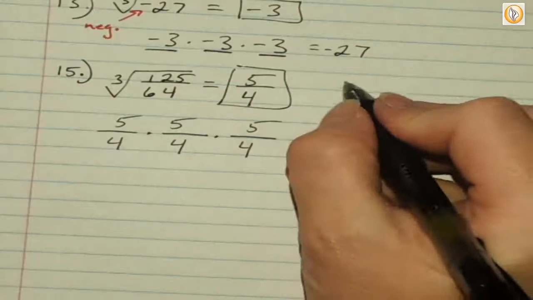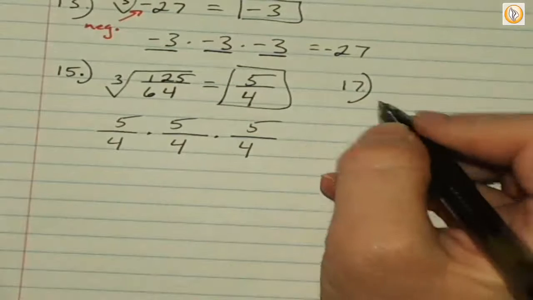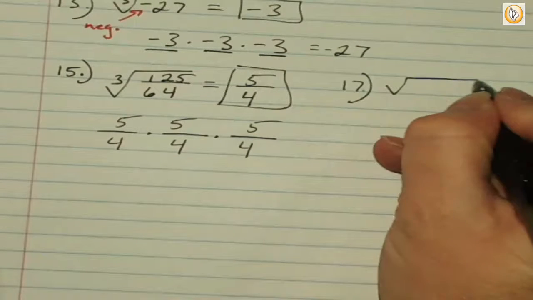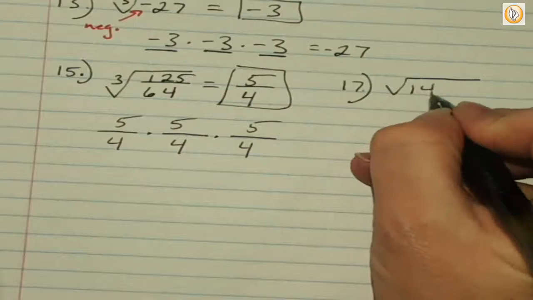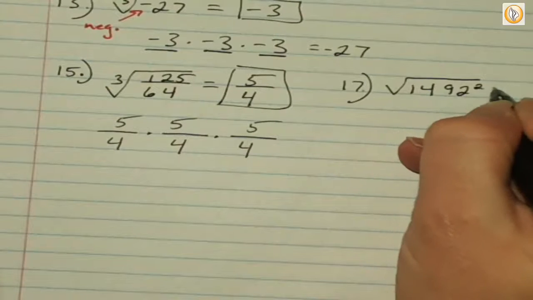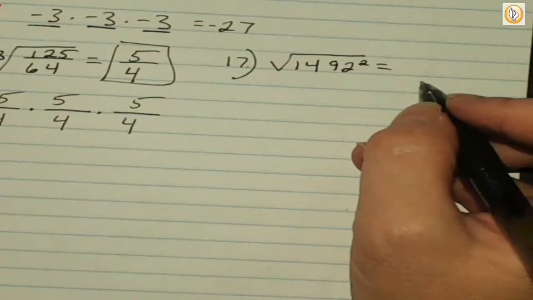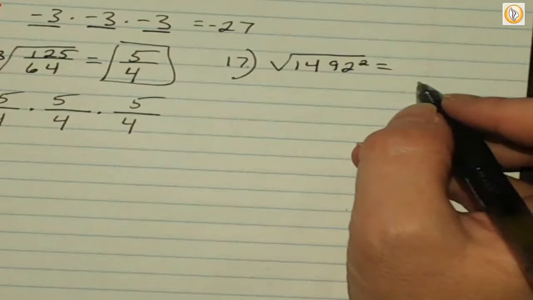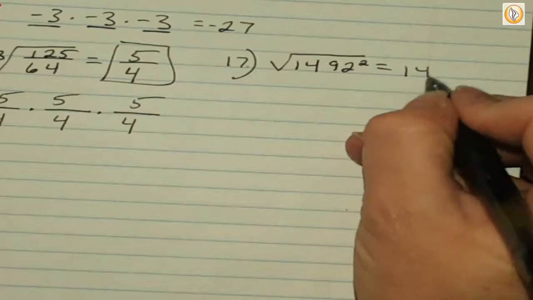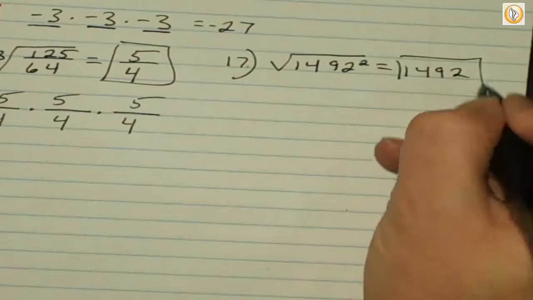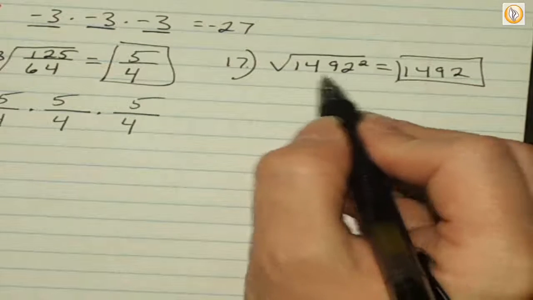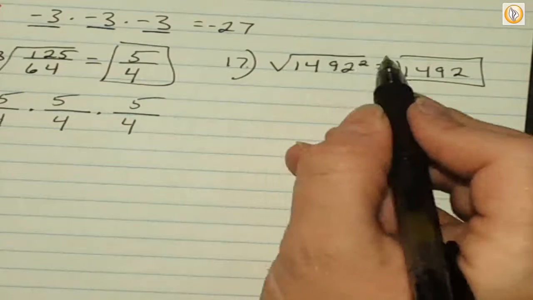Okay, 17, I'm just going to show you. Taylor, what is this answer? 1492. Because anything squared is itself under the radical sign.